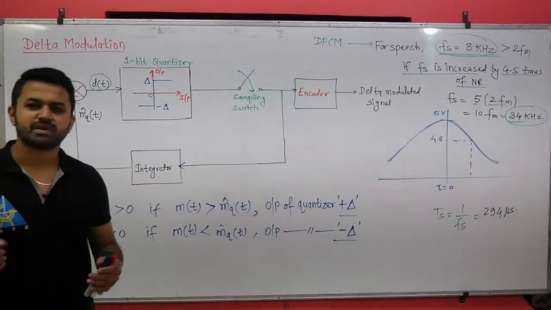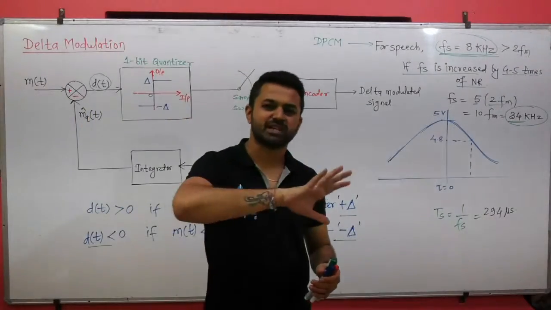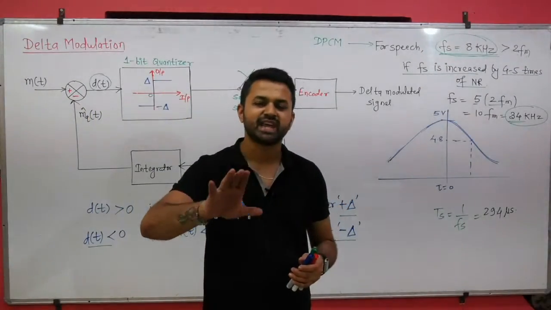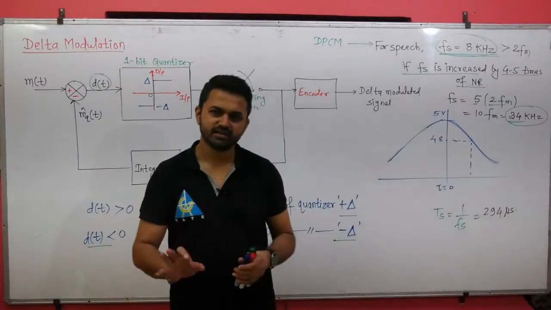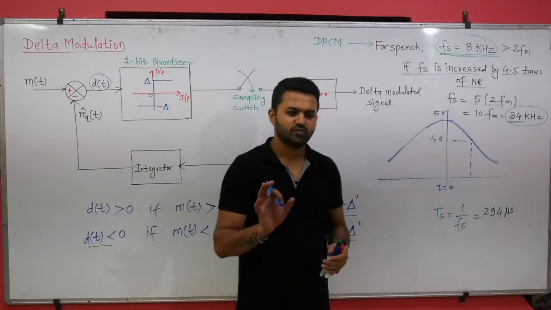29.4, that means compared to differential pulse code modulation you are taking the samples very fast. Is it correct? What does it mean?